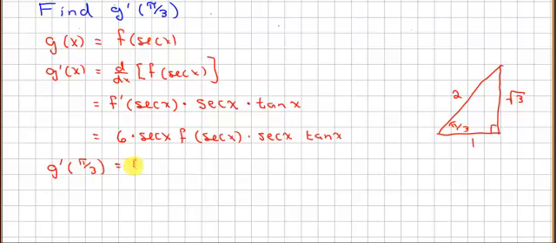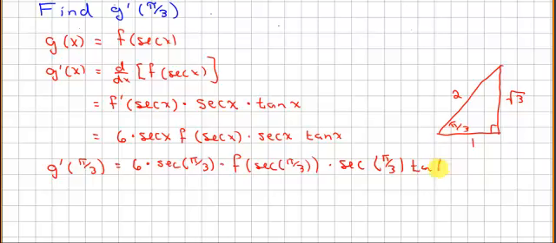So it'll be 6 times the secant of pi over 3 times f of the secant of pi over 3, times the secant of pi over 3 times the tangent of pi over 3.